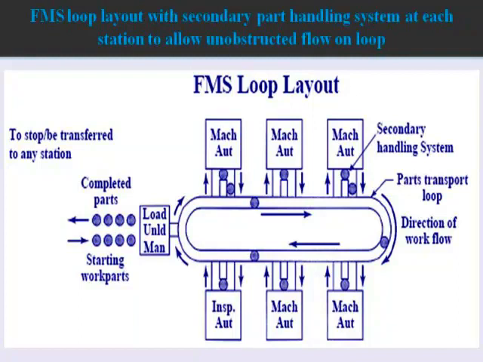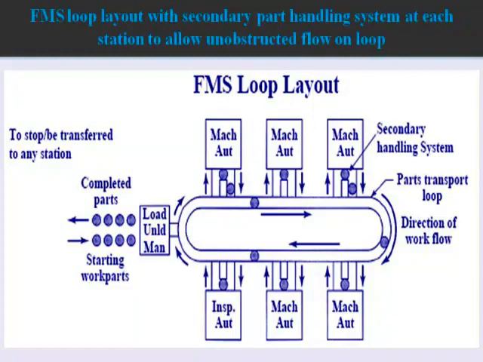This is a rectangular layout for recirculation of pallets to the first workstation in the sequence. The recirculation of pallets is sometimes necessary because the machine is used for more than one process. In that case, suppose process 1 is done on machine 1 and again process 20 is to be done on the same machine.